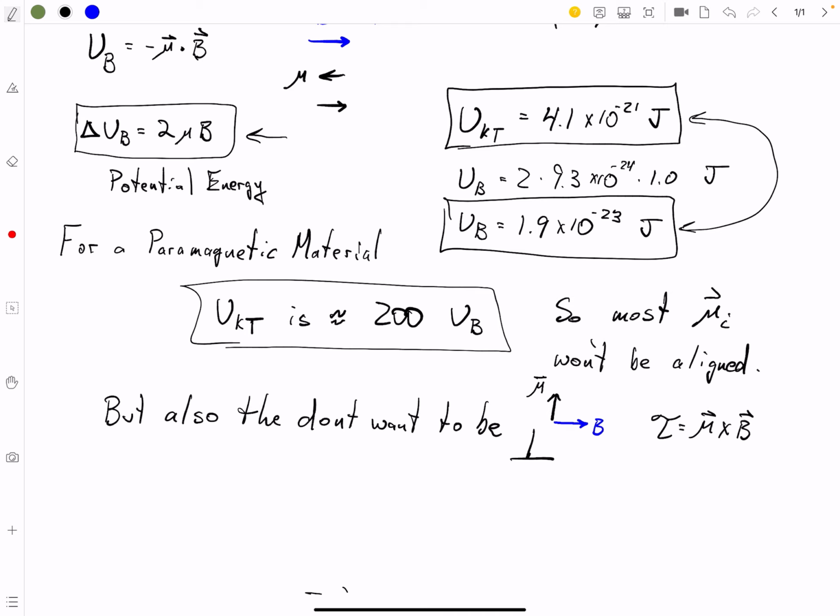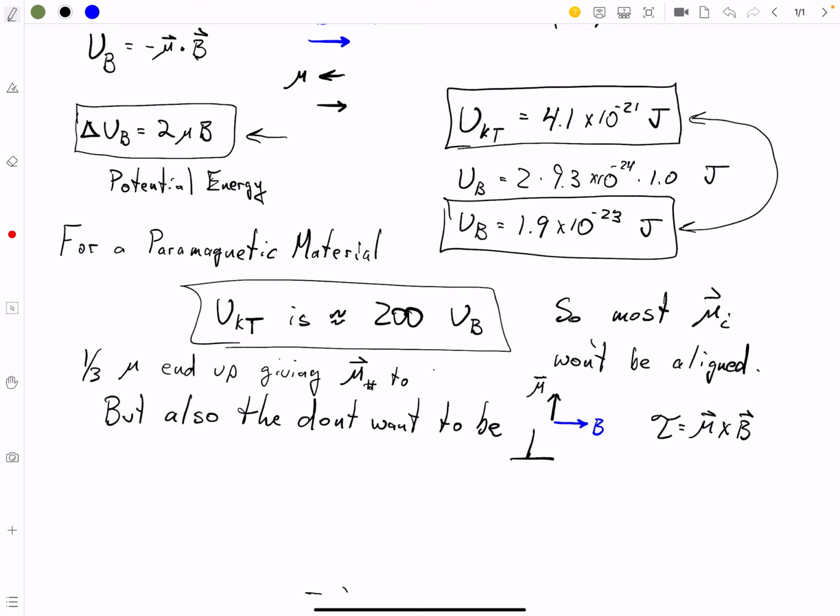So 1/3 of mu ends up giving mu parallel to, and this is the total mu, right?